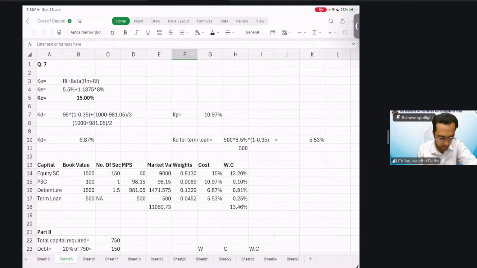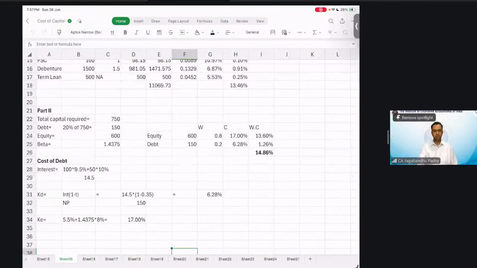So just check the weighted average cost of capital also. You have the weighted average cost of capital and also the second part.